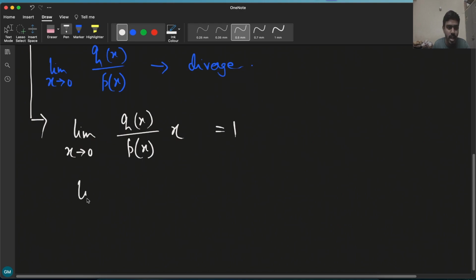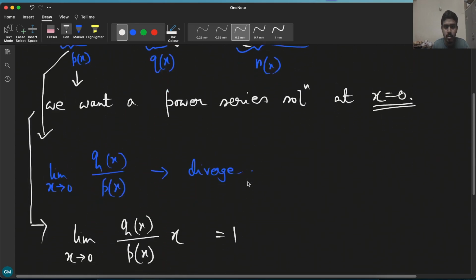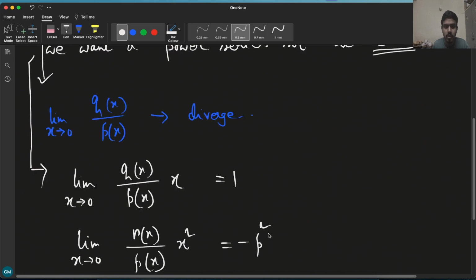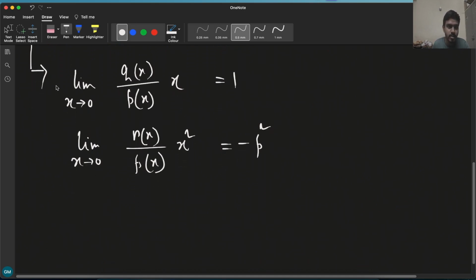So it converges, as well as limit x tends to 0, R(x) divided by P(x) times x square, which equals minus p square, and which also converges as we are assuming that p is some finite number. So in that case, x equals to 0 is a regular singular point.